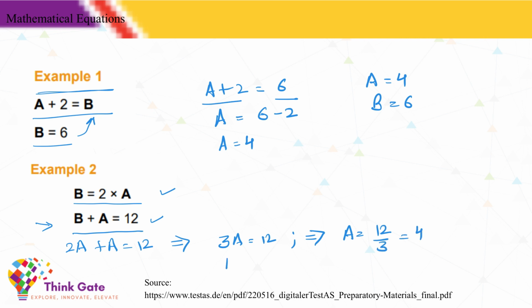So our answer is a is equal to 4, and if we substitute 4 here, b will become 8. This is our answer. But the only catch is that you have to do all this calculation in your mind. So start doing these calculations on paper first, get used to it, and then do all these questions in your mind only, because you're not allowed to take notes.